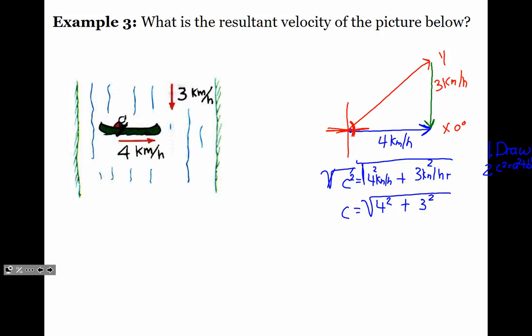If you put that in your calculator, you're going to need your calculator next to you right now. You'll do second square root, 4, the second button, plus 3, the second button, and you'll get 5. So that's what you should have gotten. So that's the first part of our answer. First part of our answer is 5 kilometers per hour. But we're not done.